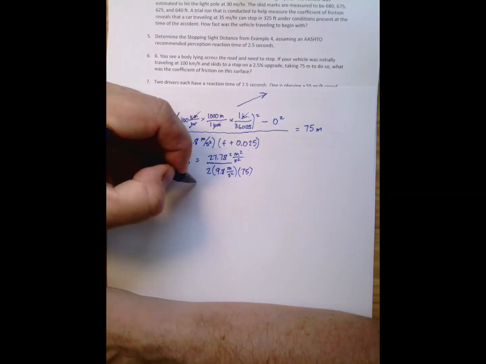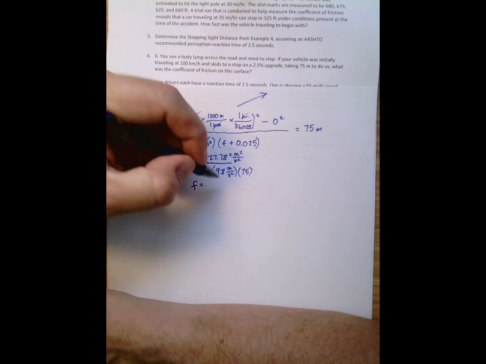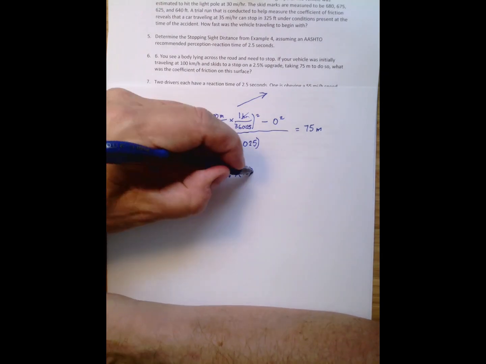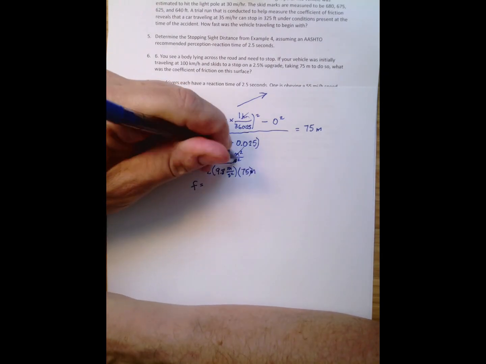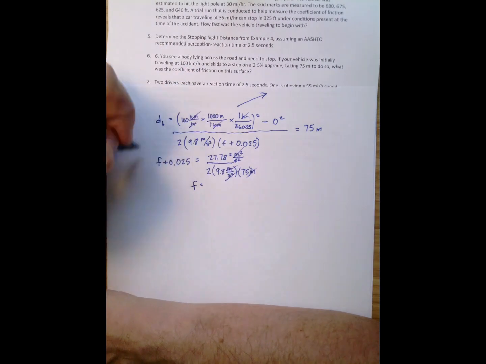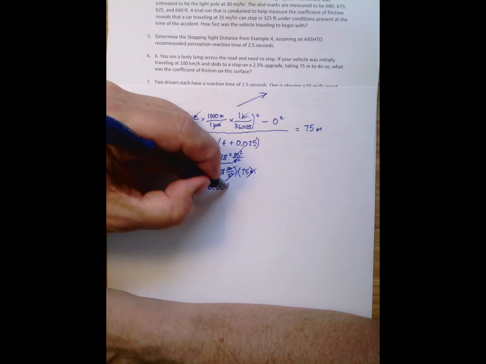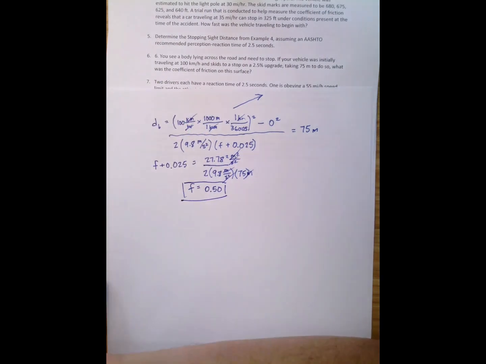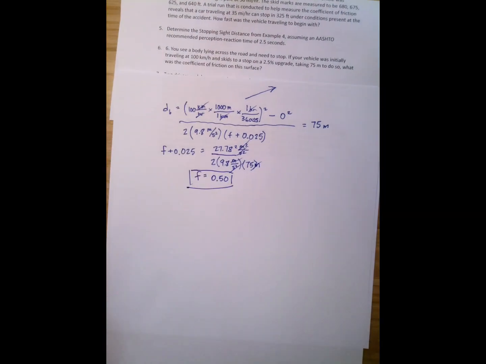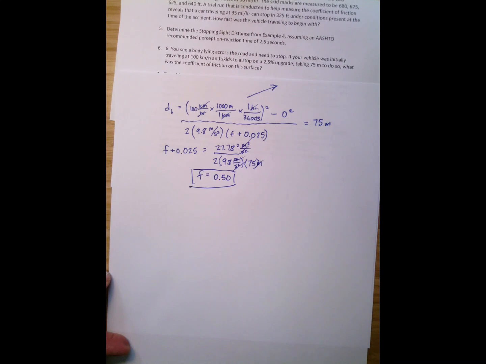And so we can simplify this and calculate. This is meters, so everything canceled out. We want the left-hand side to be unitless. So the friction factor, which is the answer we're looking for, is 0.5, and that's how you handle that kind of a problem.